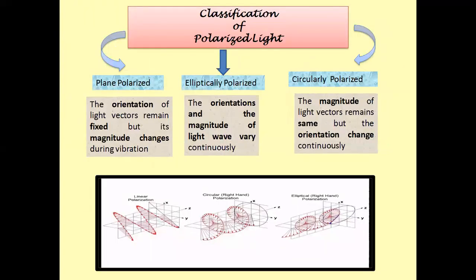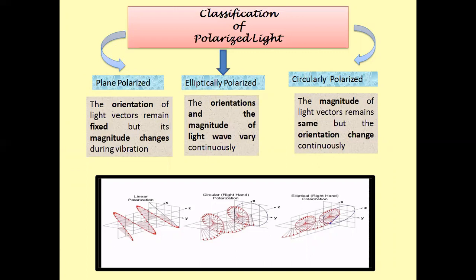In this slide, we discuss the classification of polarized light. There are three types of polarized light. Firstly, plane polarized light. Secondly, elliptically polarized light. And lastly, circularly polarized light. In case of plane polarized light, the orientation remains fixed, but its magnitude changes during vibration.